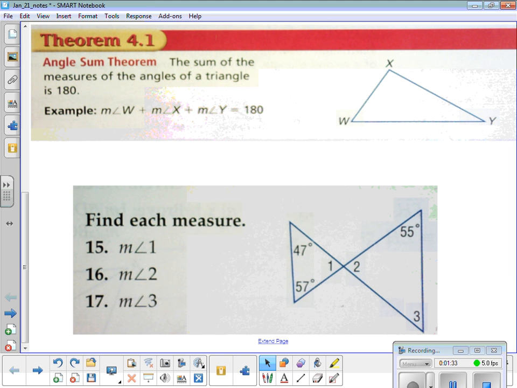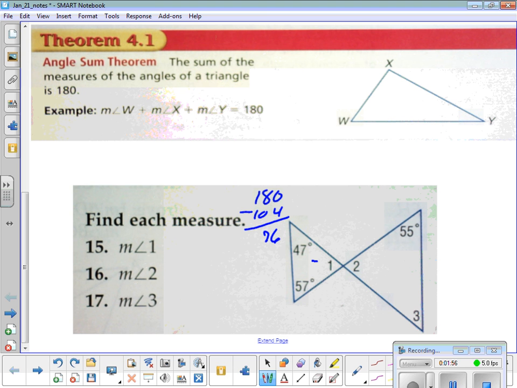So when I look at it, I've got a 47 and 57, and I need to figure out what angle 1 is. Well, if I add 47 and 57 together and subtract that from 180, I would get the measure of angle 1. 57 and 47 added together is 104, so 180 minus 104, better write that down for you, is 76.